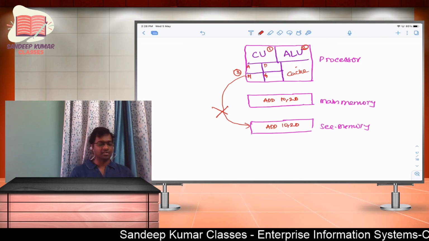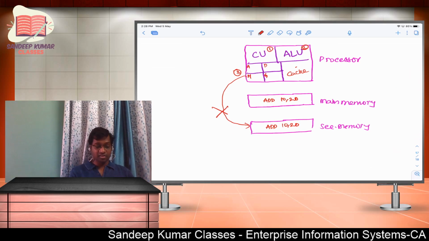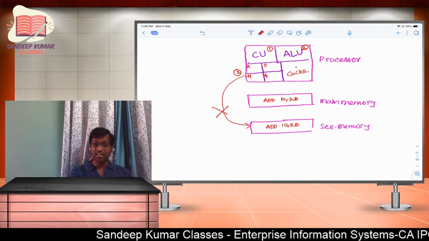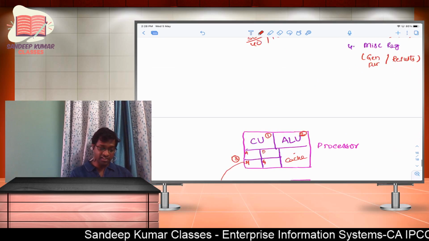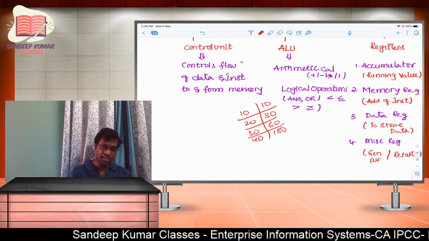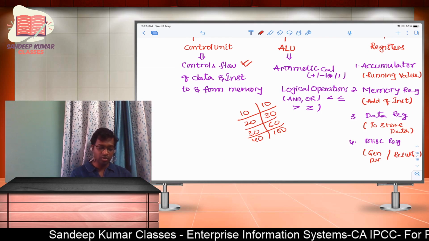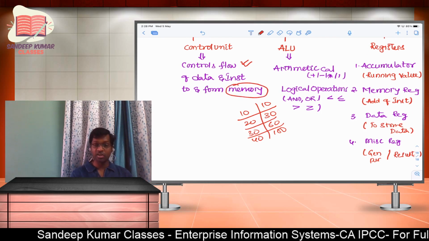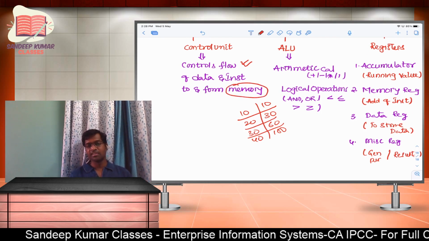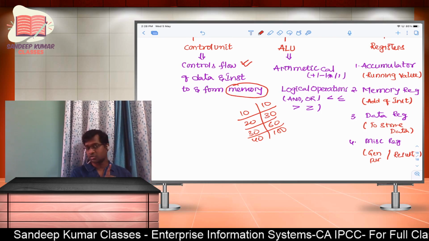can access it. Now, once it is loaded into main memory, what exactly is the control unit? We studied it. It controls the flow of data and instructions to and from memory. What is memory? Main memory. Here memory always means main memory, not secondary memory.